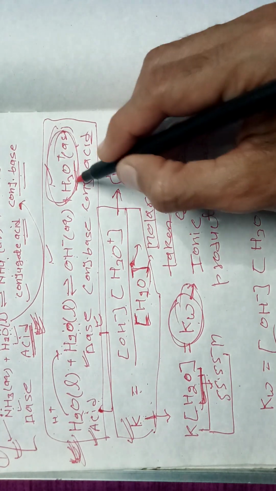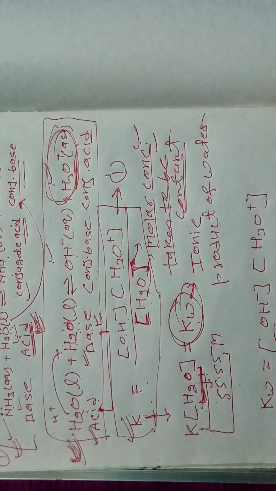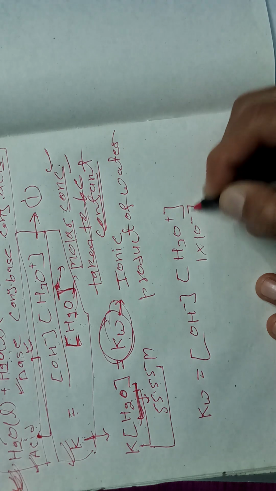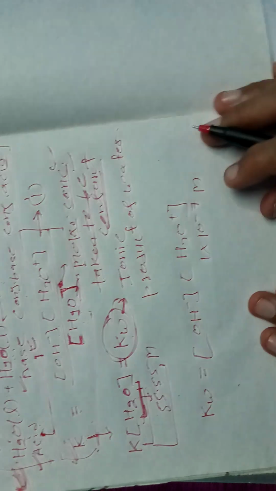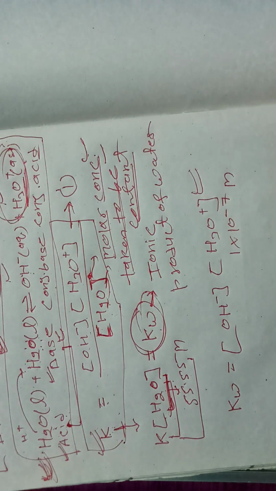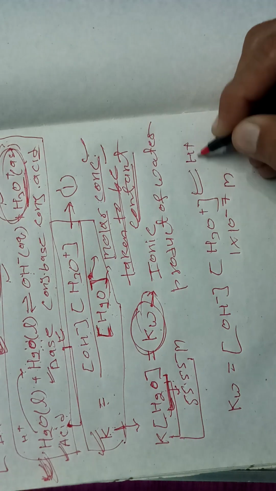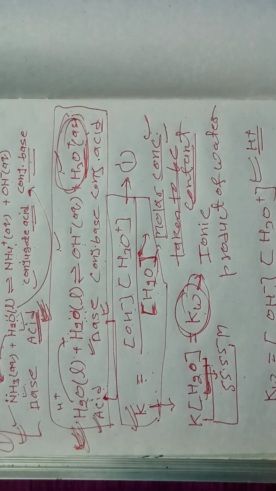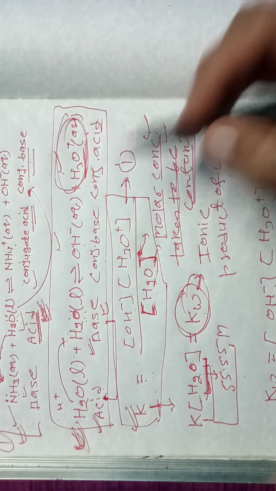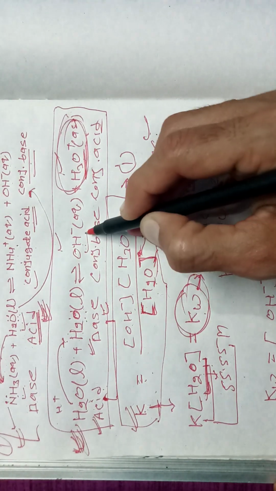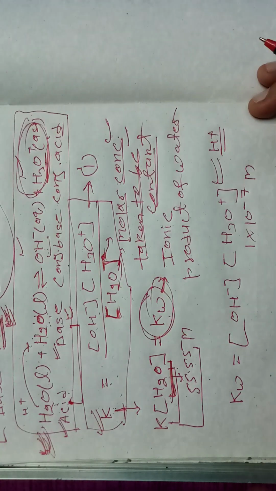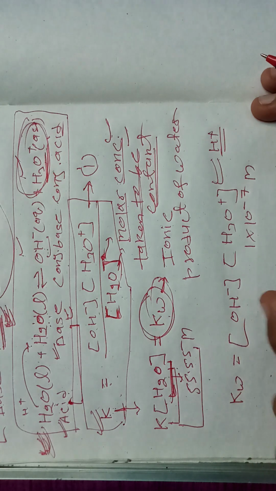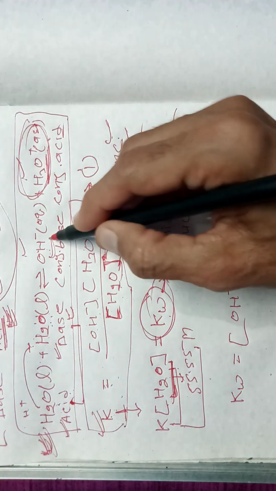Now the interesting point is that experimentally it is found that in pure liquid water, the concentration of hydronium ion or H plus ion is 1 into 10 to power minus 7 M. You can see here that in liquid water, actually H plus and OH minus ion concentrations will be the same.